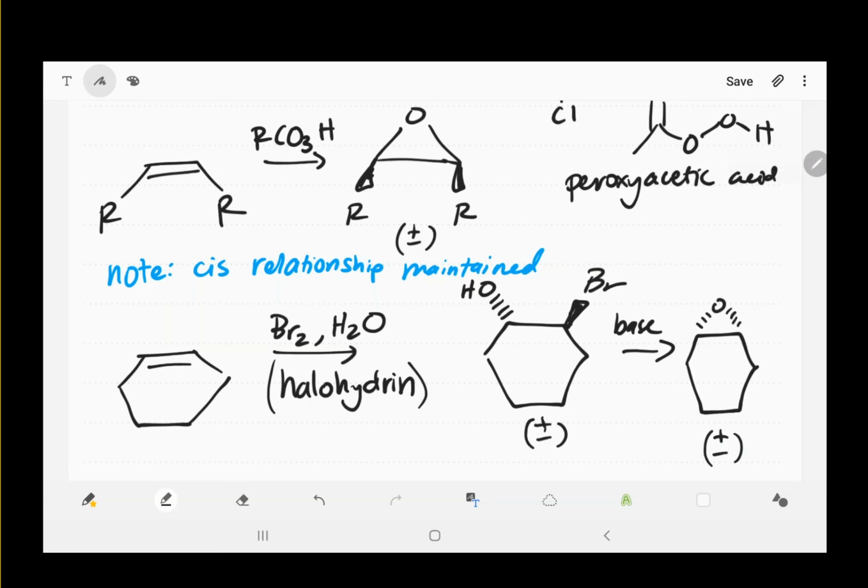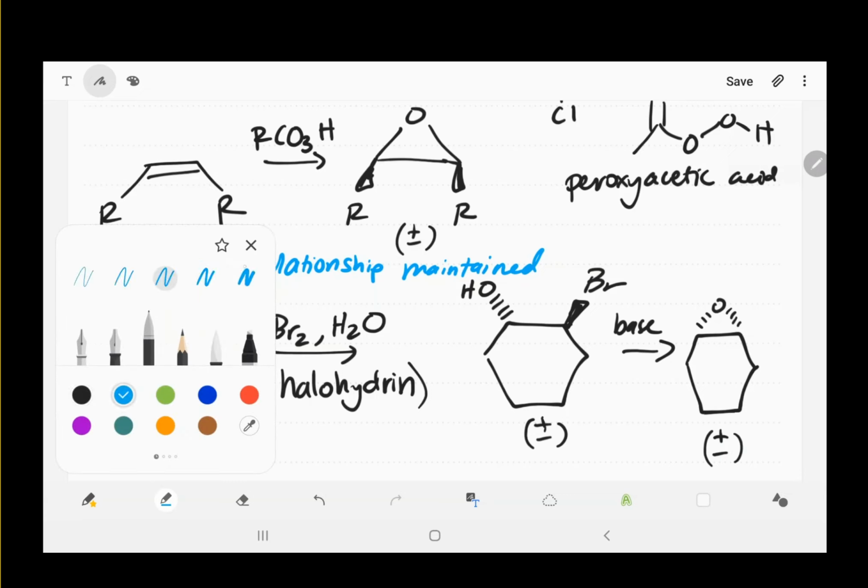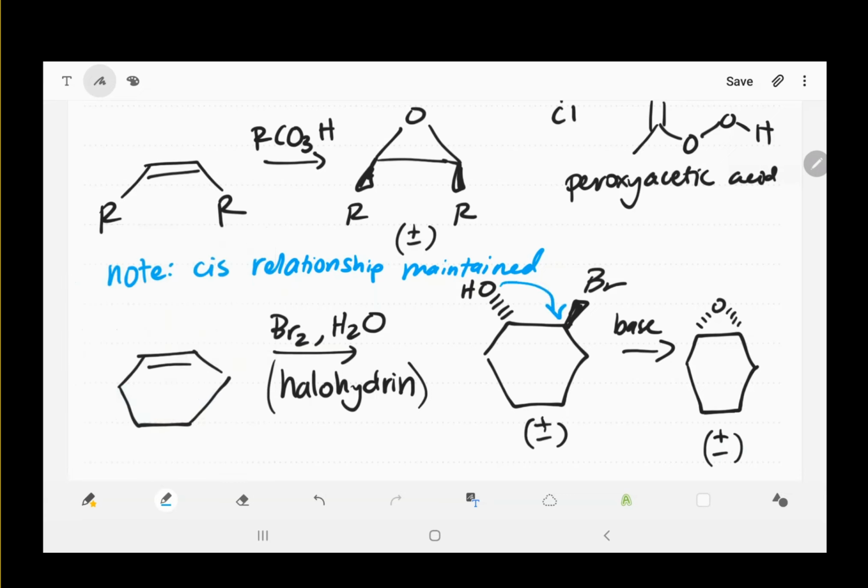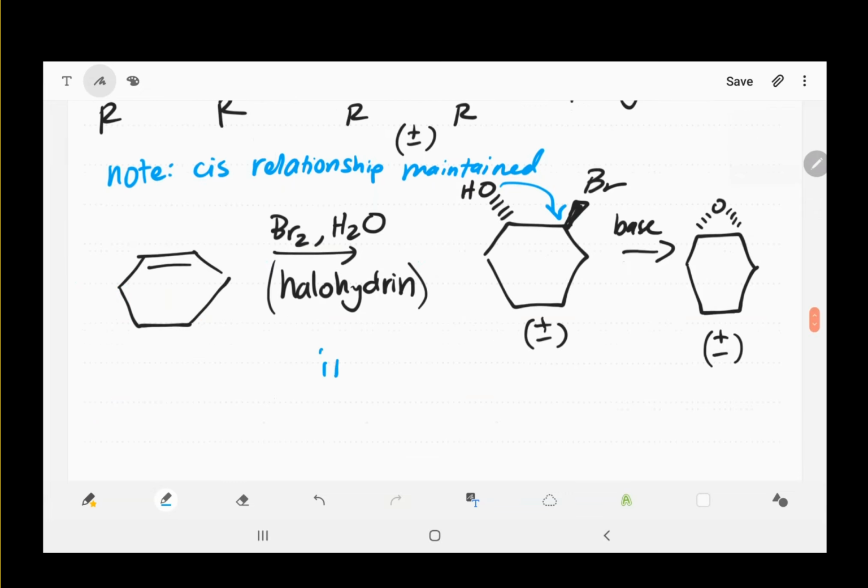Remember the base will come in, pluck off the hydrogen from your oxygen, and you have essentially an intramolecular Williamson happening here.